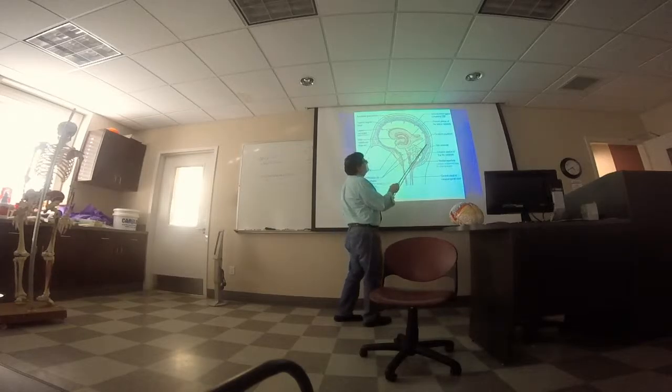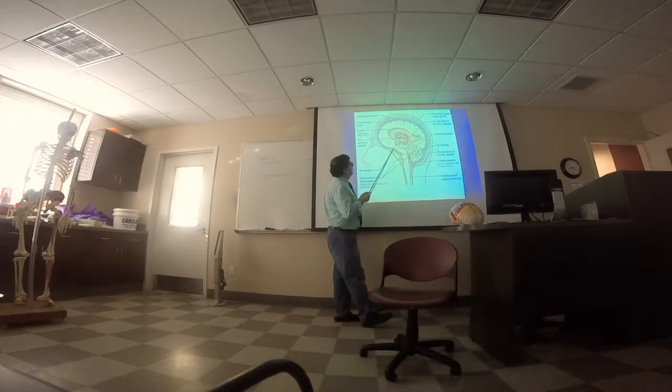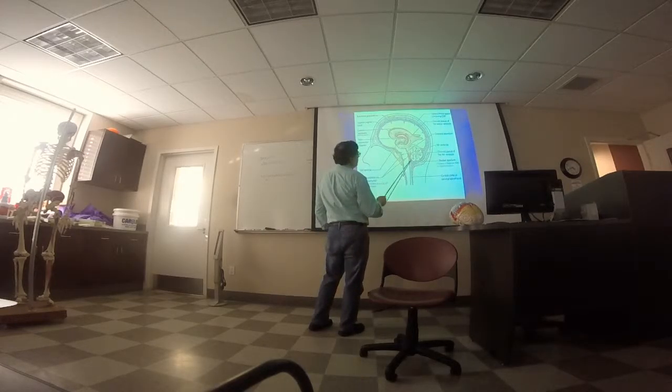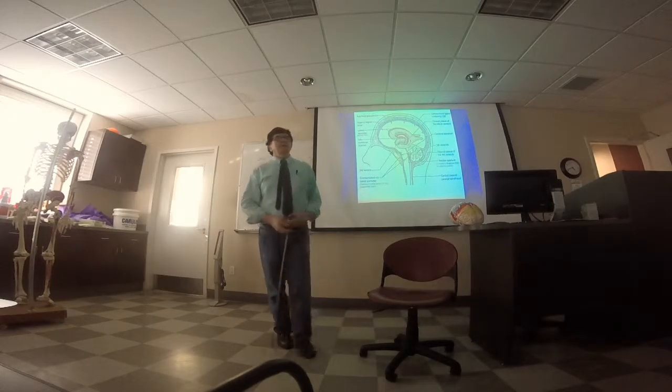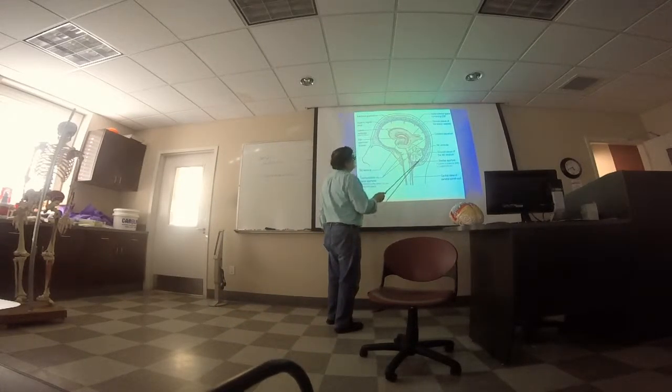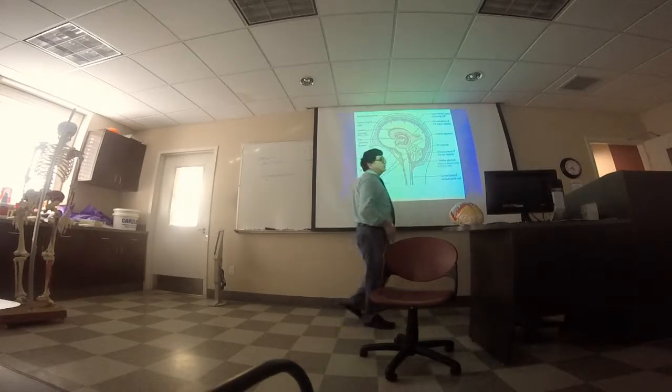The subarachnoid space is a space that surrounds the brain and the spinal cord. And it can pass through a more centrally located opening called the median aperture, or foramen of Magendie, where it passes into this larger space called the cisterna magna, and then into the subarachnoid space.